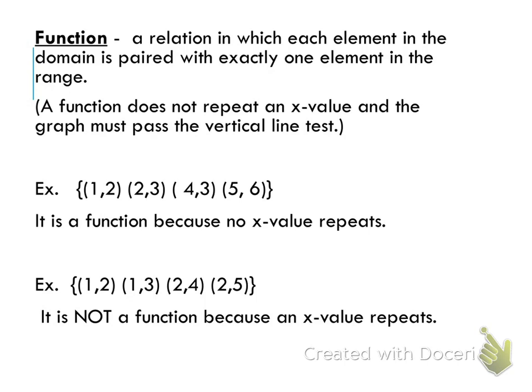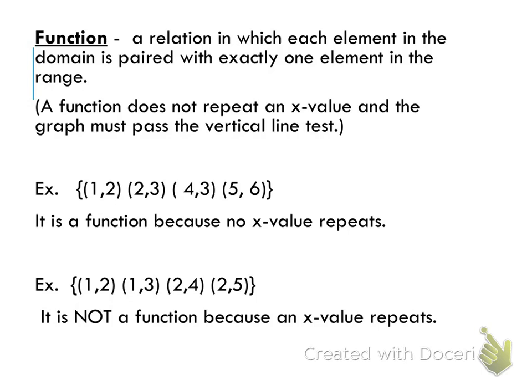Function, and why is that the case? Yeah, no x values repeat. What are my x values in this case? 1, 2, 4, and 5. None of those are repeating. I don't have the same x value anywhere in there, so I know this is a function. Does that make sense?